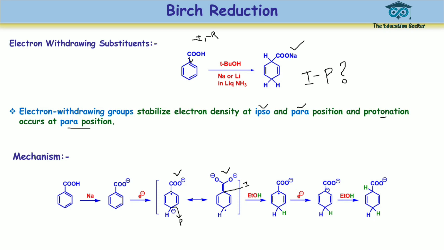In the first canonical form, the negative charge density on the para carbon is comparatively high, but in the second canonical form, the negative charge density is delocalized to the carboxylate group through -R effect. So the negative charge density on the ipso carbon is not very high, right? So the first canonical form will undergo protonation in ethanol to generate this radical anion, and this radical anion will further accept an electron to be converted into this dianion intermediate, and this dianion in the final step protonates to give this product, right?